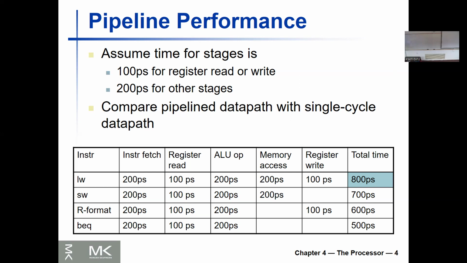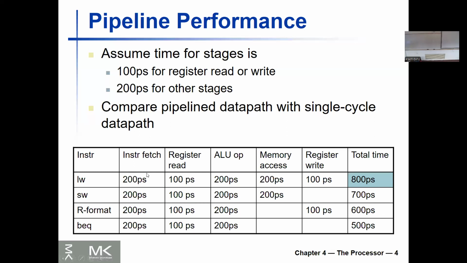So it's 100 picoseconds for a register read or write because that's very fast. Other stages are 200 picoseconds. So let's compare the pipeline data path to the single cycle. Now, the single cycle has these same 5 stages, but let's look at them.